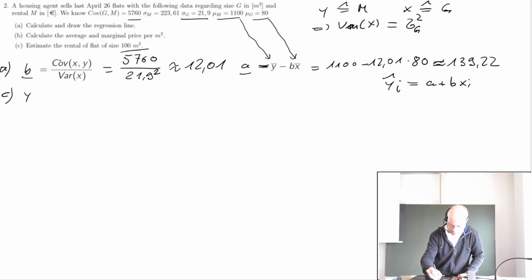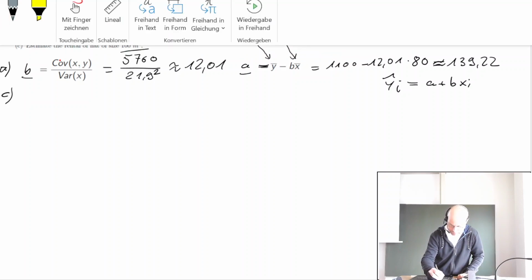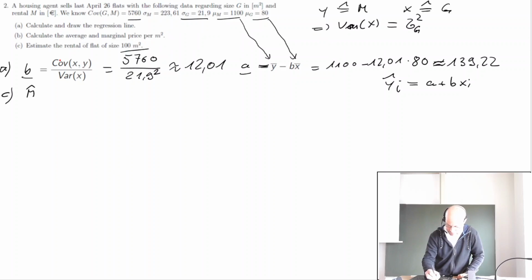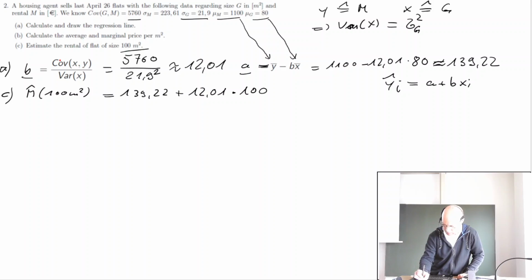Not y hat, but this is then m hat of 100 square meters is minus 139.22 plus 12.01 times 100, again.